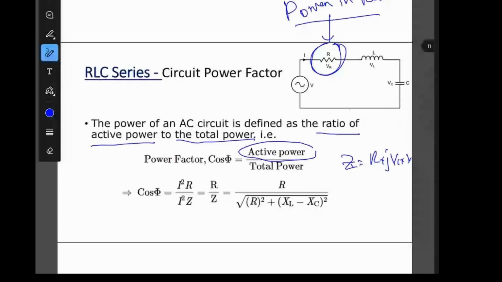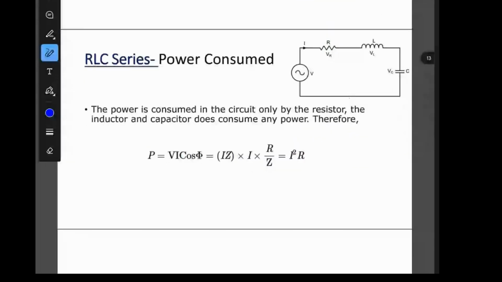For total power, it is the power in Z, the total impedance, where Z is equal to R plus jXL and XC. Now we can use the formula: active power is equal to I squared R, and the total power is I squared Z. So R over Z, which is cos phi.